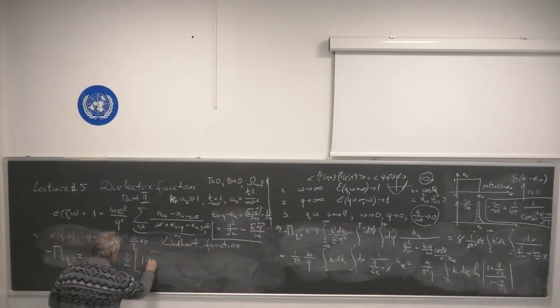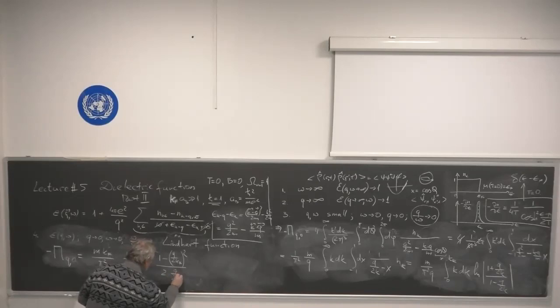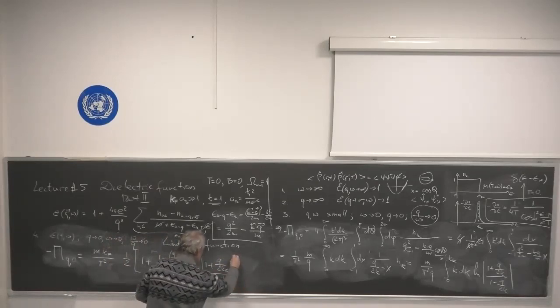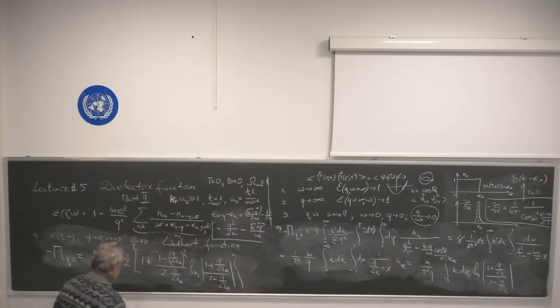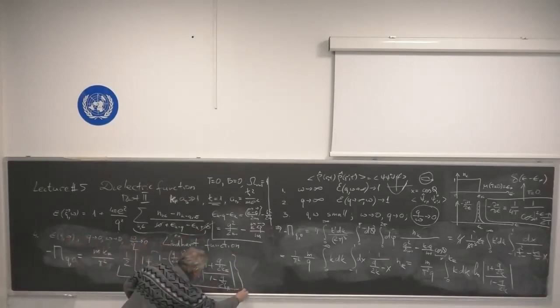And here there is a function, 1 plus (1 minus (q over 2k_F) squared) divided by 2 q over 2k_F. And here there is a log (1 plus q over 2k_F) over (1 minus q over 2k_F). So this is called the Lindhard function.